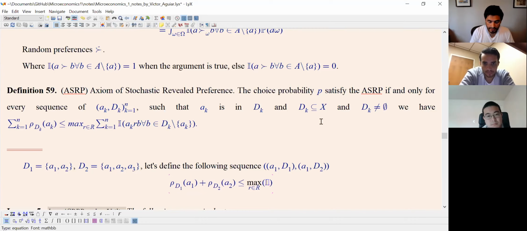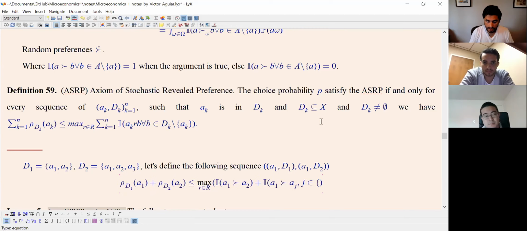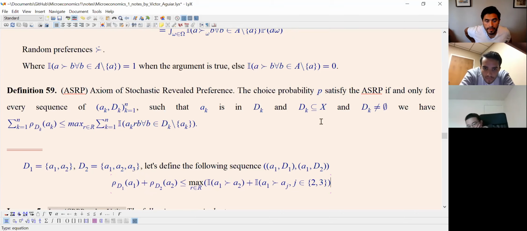So you have this indicator function of the cases where A1 is better than A2, plus the indicator function of A1 better than AJ for J in 2 and 3. Okay? So this thing has to hold for random utility.